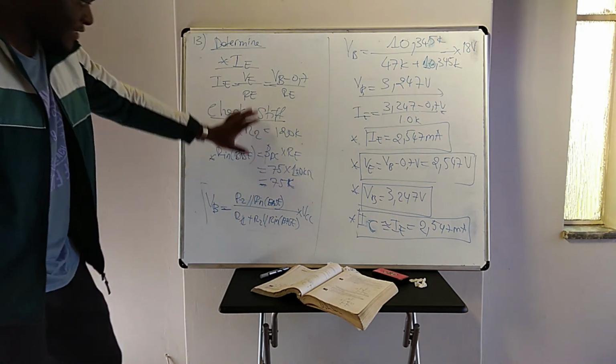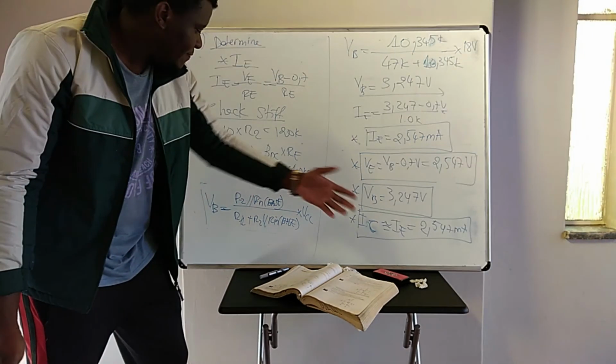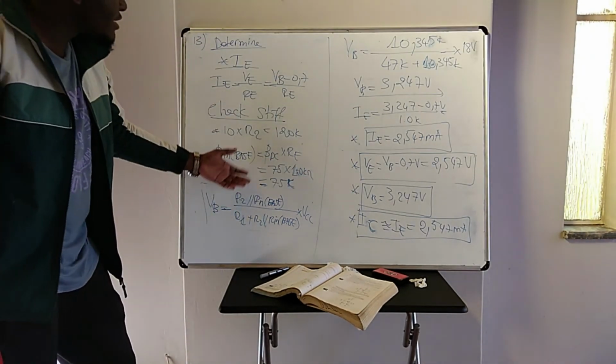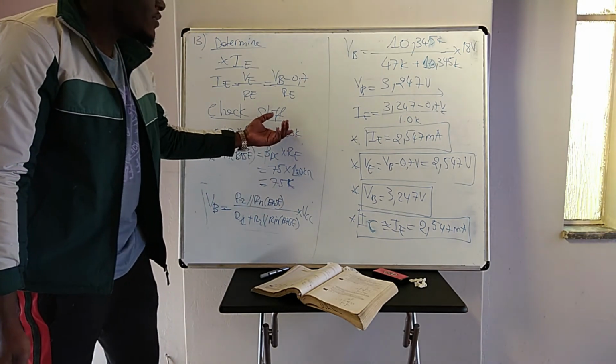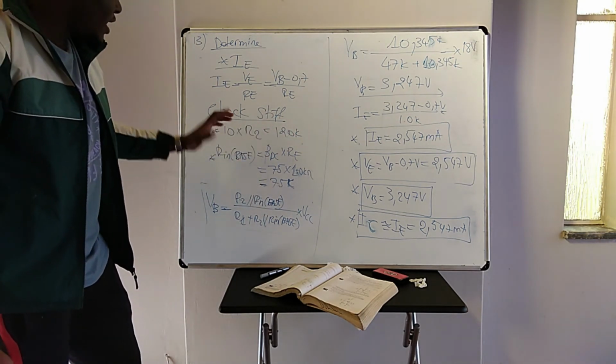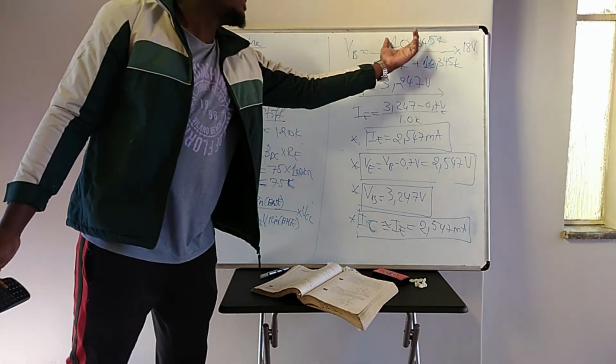Check for stiffness. You need to check for stiffness because we have two formulas of VB when you want to use RE base. I realize it's not stiff because 75 RE base is less than 120. So I use this formula of VB. This part I already calculated, which I got here.